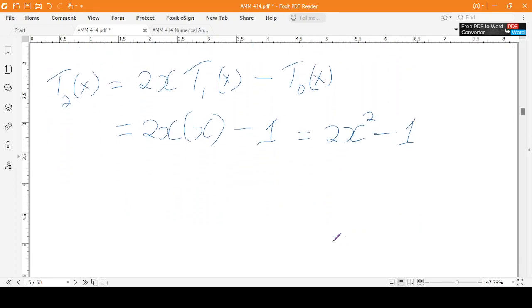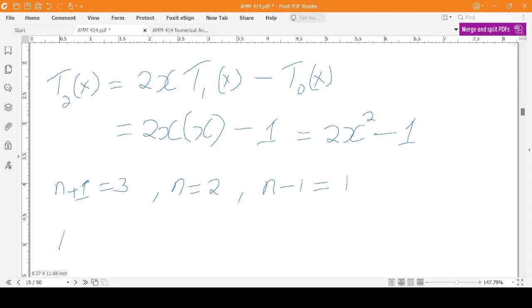Now, if we want to consider T3, so that we consider the case where n plus 1 is equal to 3, then it means that n is equal to 2 and n minus 1 is equal to 1.